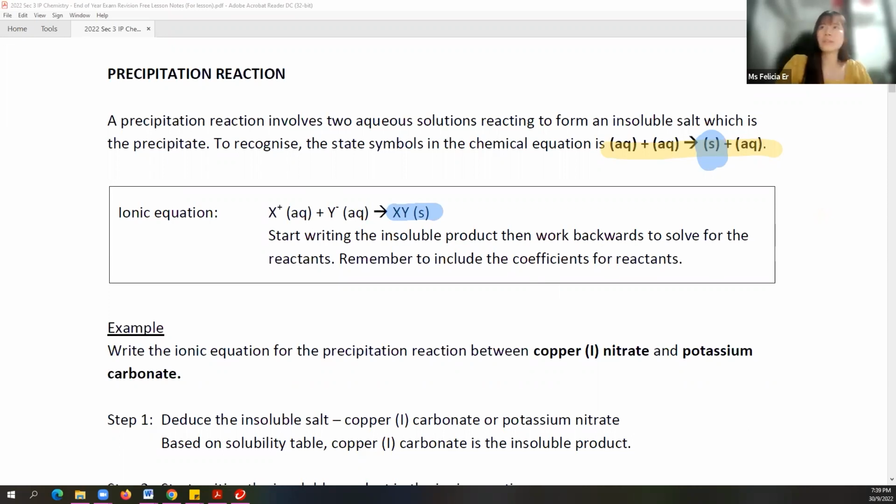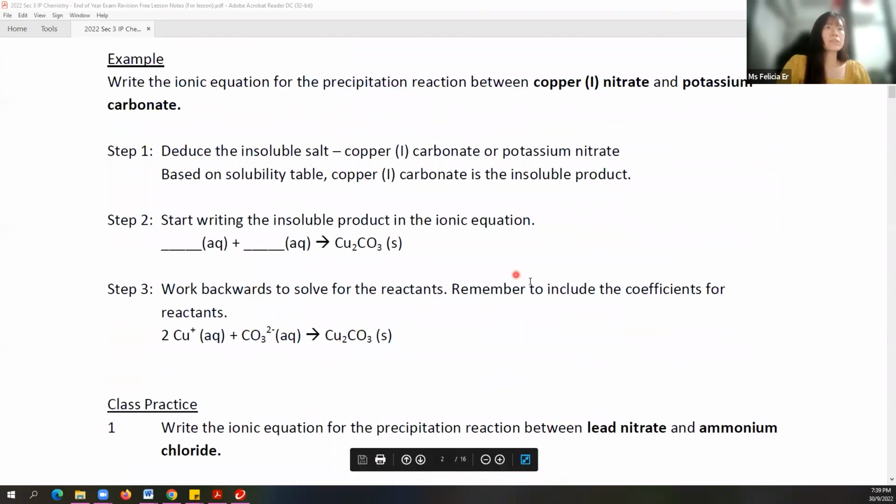Okay, let's move on. Let's take a look at this question over here. They are asking you to write the ionic equation for the precipitation reaction between copper 1 nitrate and potassium carbonate. First you have to deduce what is the salt. In this case for precipitation, usually you just change the partnering.